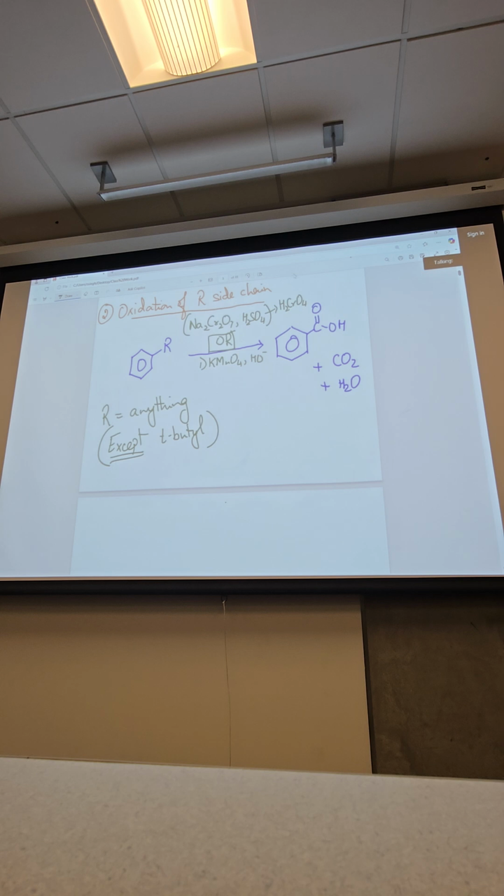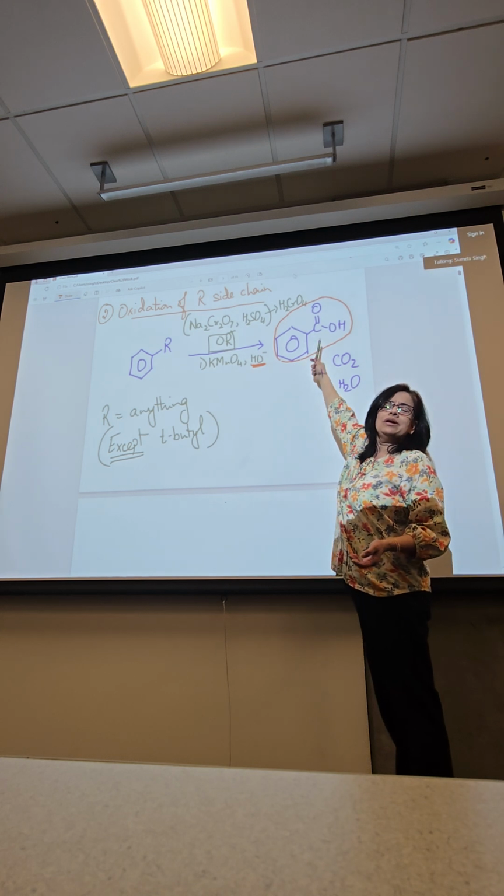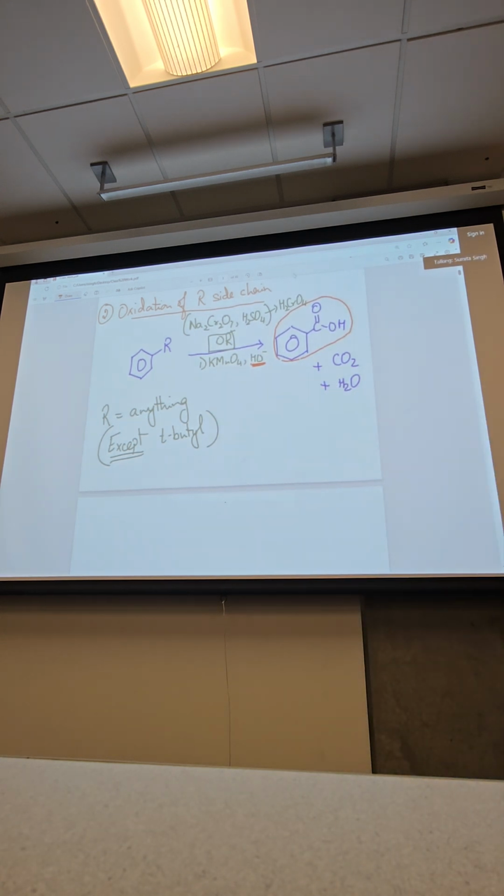But can someone tell me what family this guy is? Carboxylic acid, right? And what did we use here? A base. So if you're creating a carboxylic acid in the presence of a base, will you get the acid? What will you get instead? Carboxylate, meaning its conjugate base.